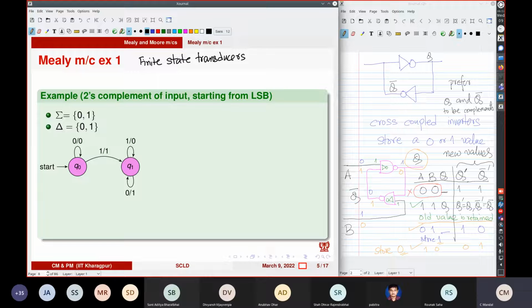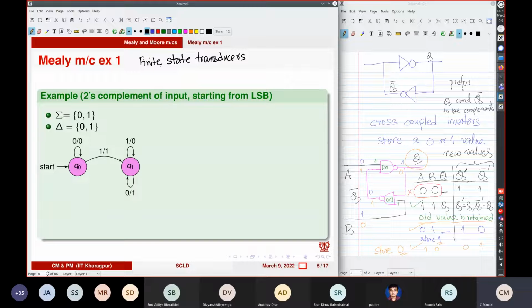So you might be familiar with the term transducers. A transducer basically takes an input and gives some output. You might have studied earlier, for example, that a microphone is a transducer.